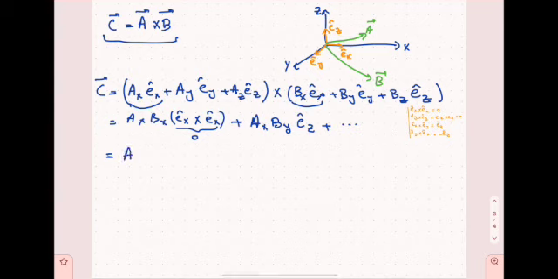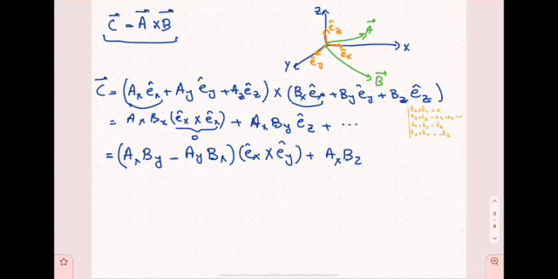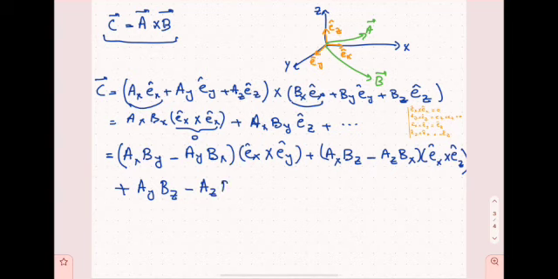So I could write this as A_x B_y minus A_y B_x, and this multiplied by e_x cross e_y, plus A_x B_z minus A_z B_x, this times e_x e_z, and I still have one more, so that's plus A_y B_z minus A_z B_y times e_y cross product e_z.